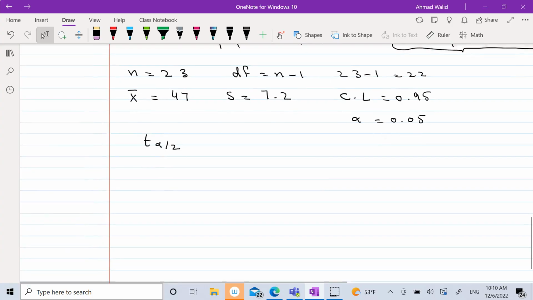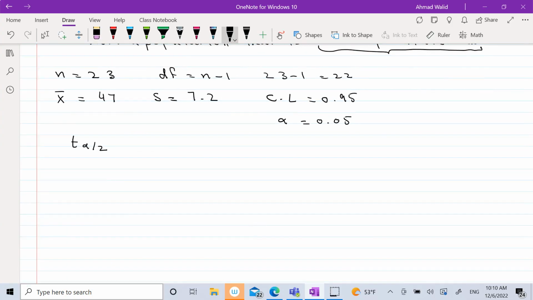Again, t alpha over 2 is 2.074. Now I know all of these. I will work on the margin of error. E equals t alpha over 2 times s over the square root of n. And if you plug in the values, it will be 2.074 times s, which is 7.2, over square root of 23.